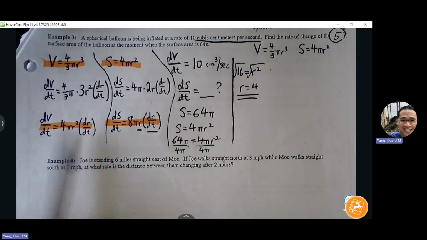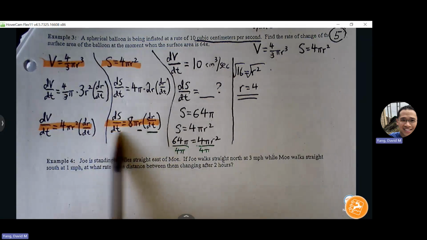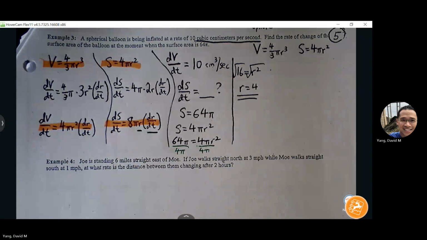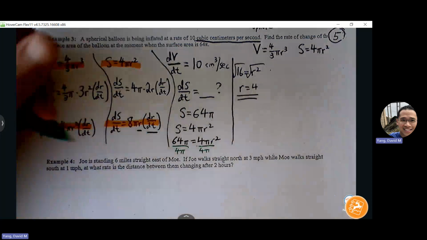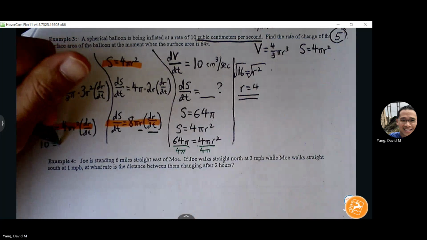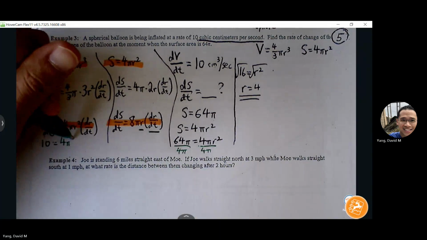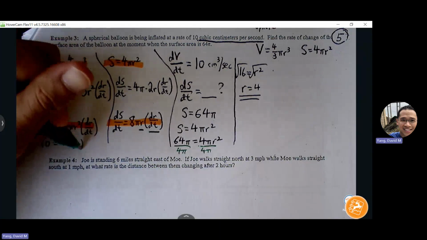And if I can solve for dr dt, then I have the two pieces that I need to get to my answer. All right, so I'll put the 10 in for dv dt here. I'll put the r squared being the 4.